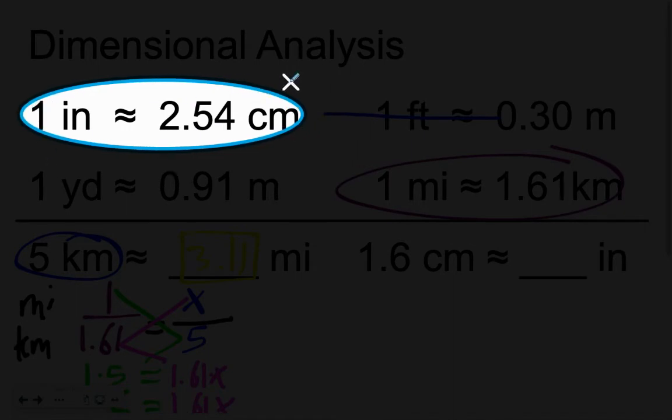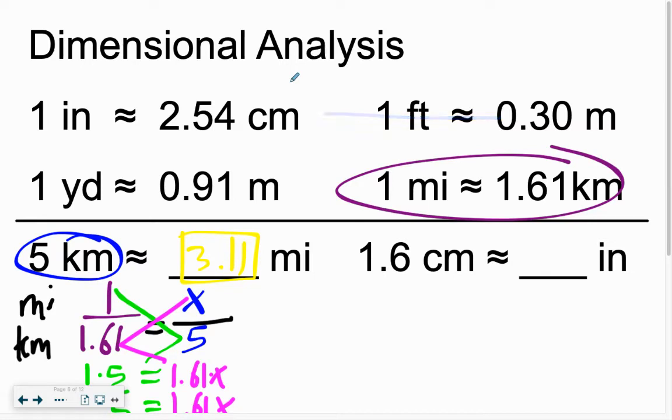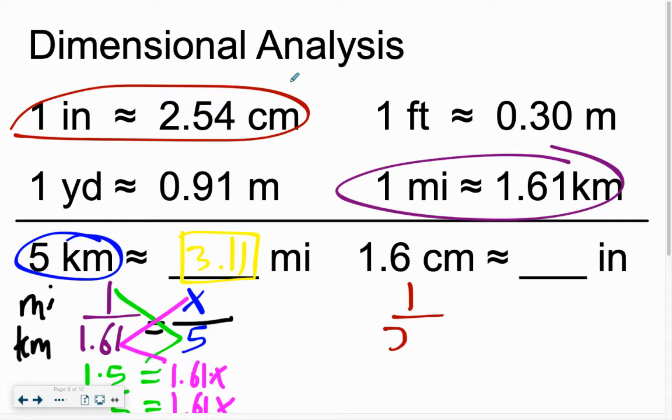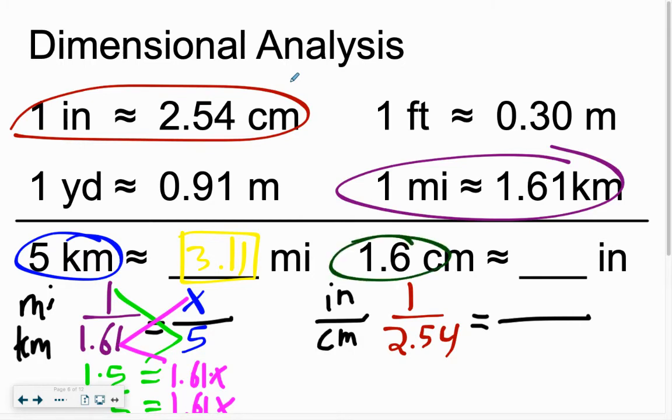So write that guy then as a ratio. Write down 1 over 2 54/100ths. Again, you are welcome to write down that the 1 had the label inch and that the 2.54 had the label as centimeters, because then that's going to help us here. As we then look at our next one, what are we going to do here with this 1.61?